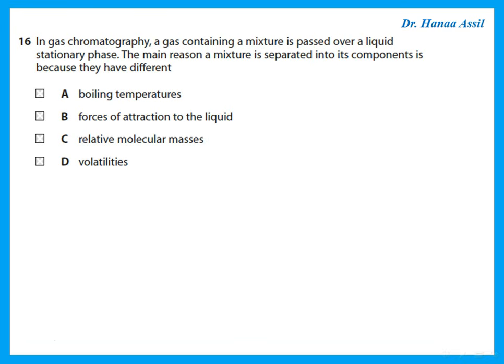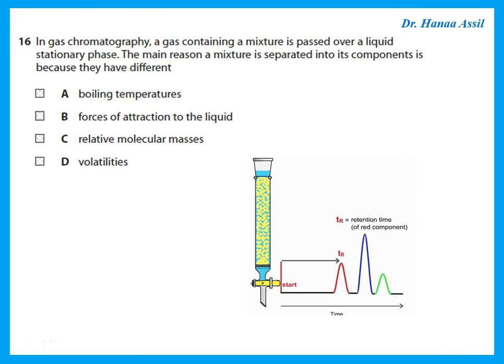In gas chromatography, a gas containing a mixture is passed over a liquid stationary phase. The main reason a mixture is separated into its components is because they have different what? In gas chromatography, we are separating the components based on differences in the forces of attraction to the liquid.